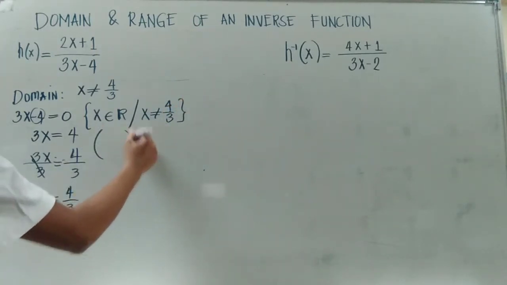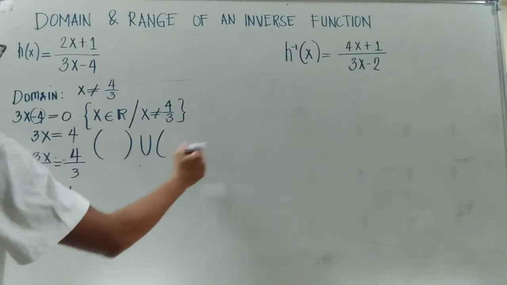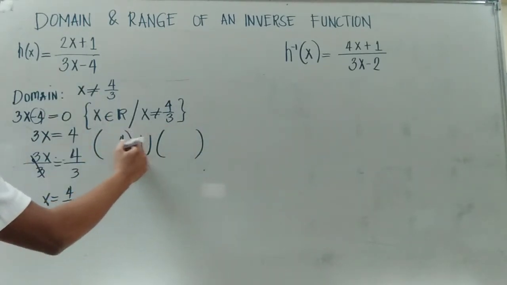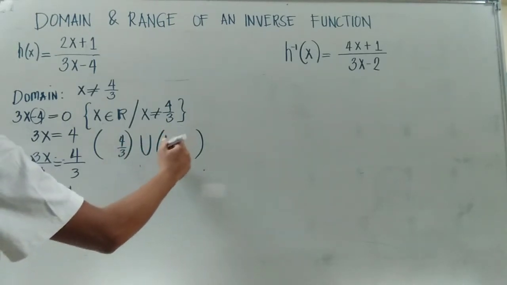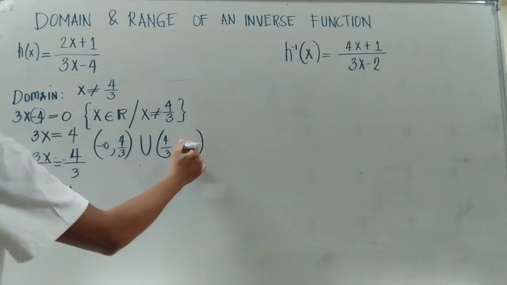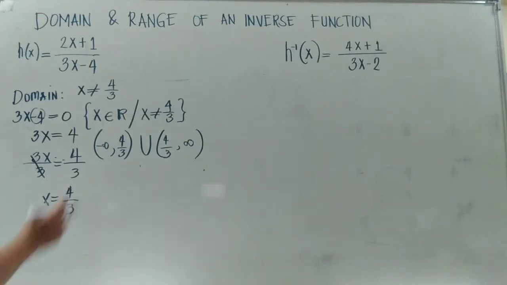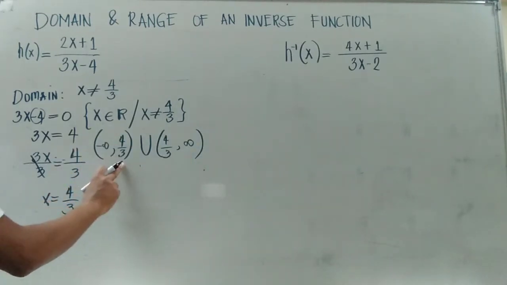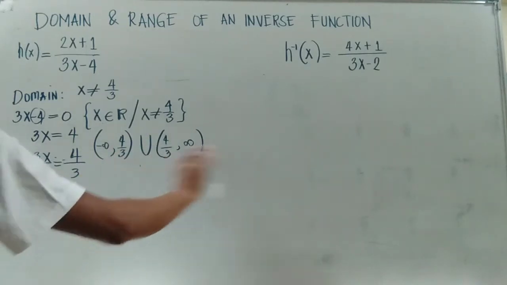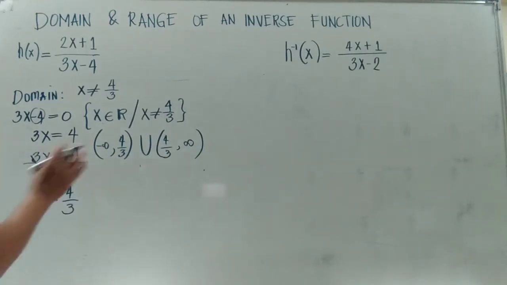Using interval notation, we have the restriction 4 over 3, so it will be the barrier of our solution. From negative infinity to 4 over 3, union 4 over 3 to positive infinity. So that will be the domain.